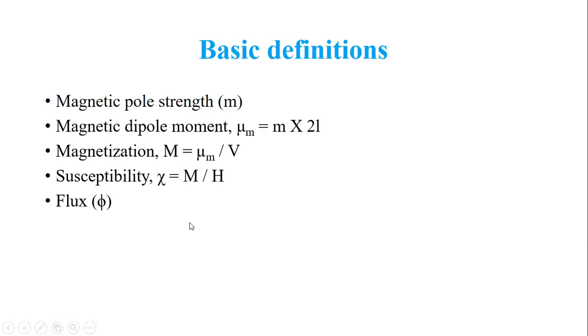So, flux phi is what is called the number of magnetic lines of force coming out of a bar magnet. In our lower classes, in intermediate, we have done one experiment of drawing the magnetic lines of force. So those number of magnetic lines of force is what is called magnetic flux or simply flux.